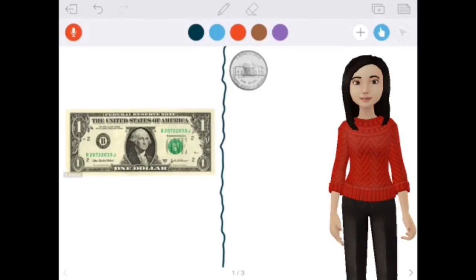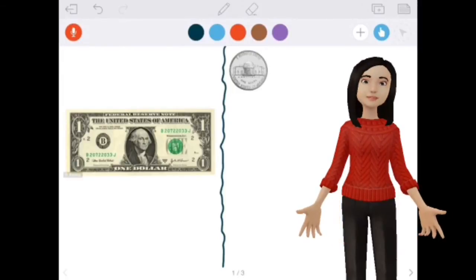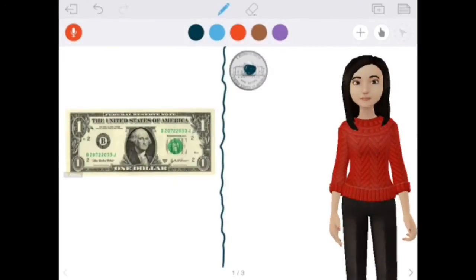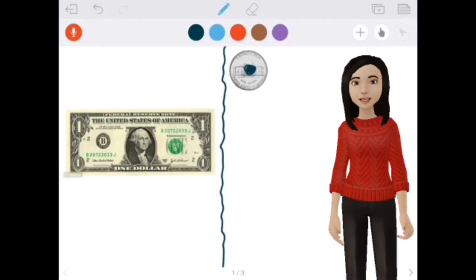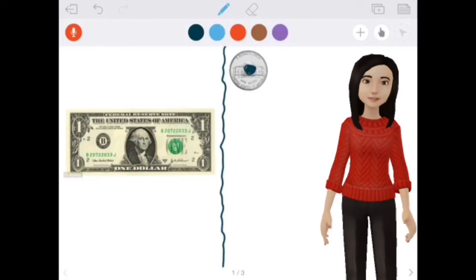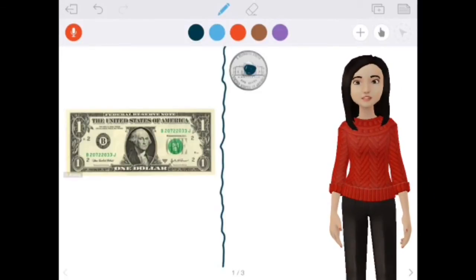Let's go ahead and draw the one touched point on the nickel. Remember, one touched point equals 5 cents. We have 5 cents.